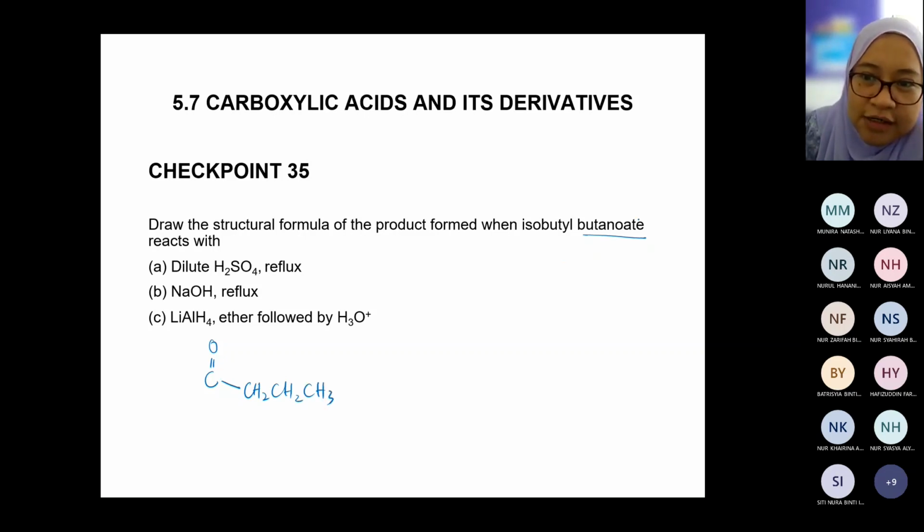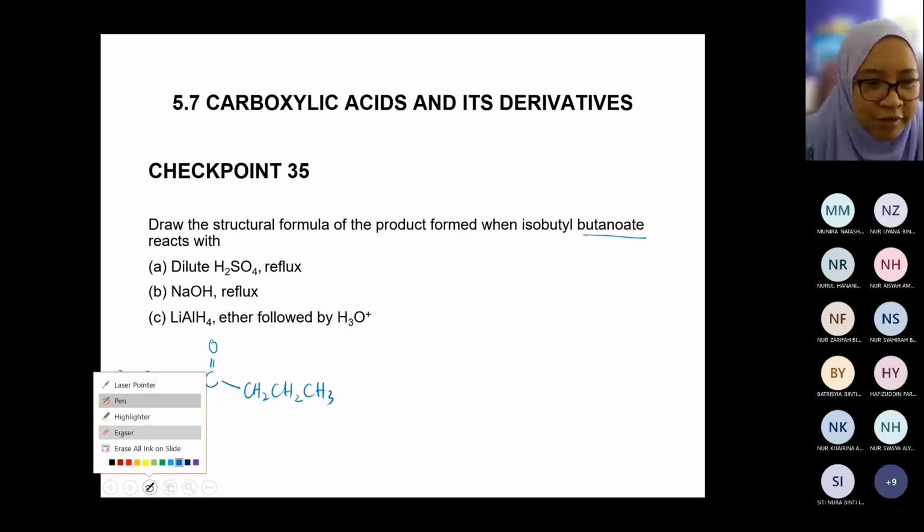Okay, and then sebab dia adalah ester, so saya buat alkohol dia dekat this side. Okay, isobutyl. Dia mesti ada this carboxylic punya part, ester punya part. Isobutyl. CH2 then CH3.